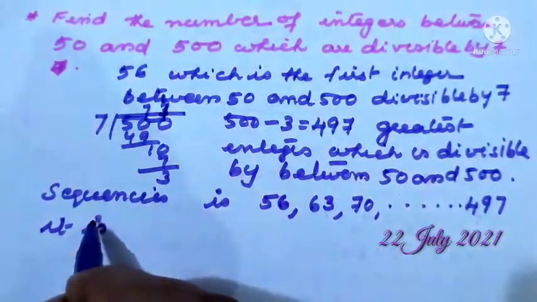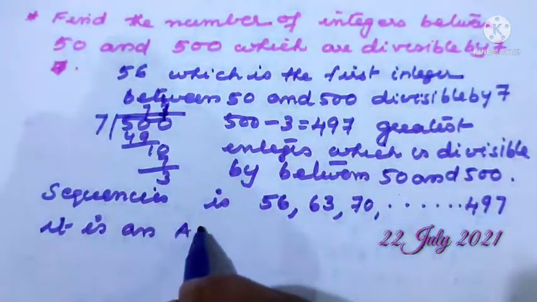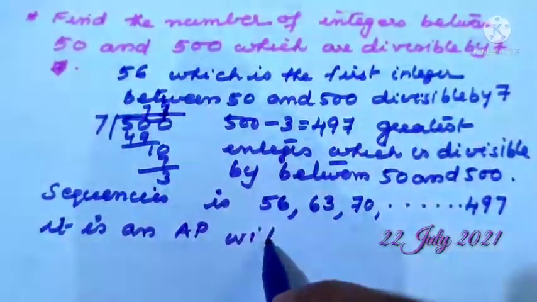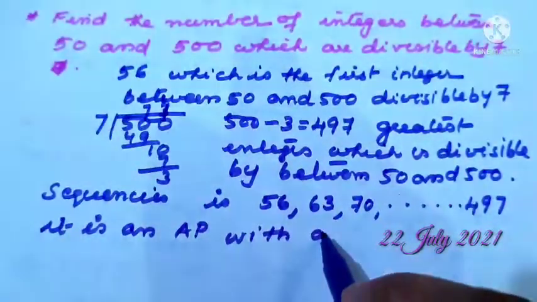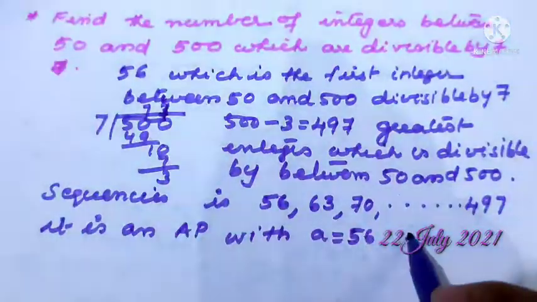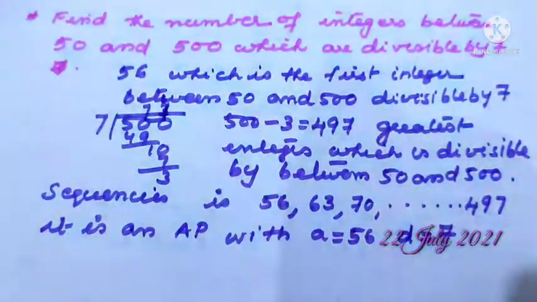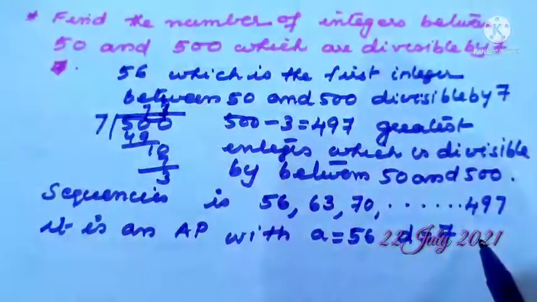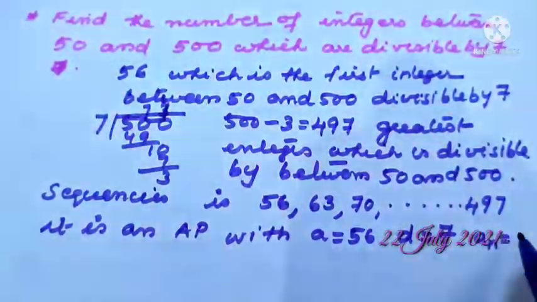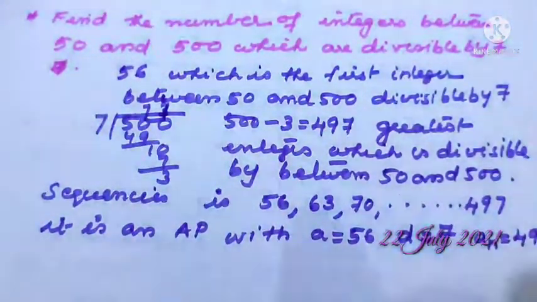Now we should write it is an AP with A equal to 56 and D already we know that is 7 only. D equal to 7. Now the last term equal to 497, that is also there. So An equal to 497 we can take, right?